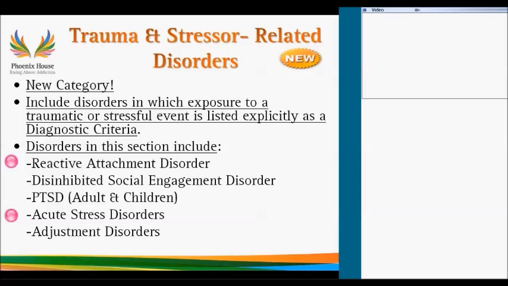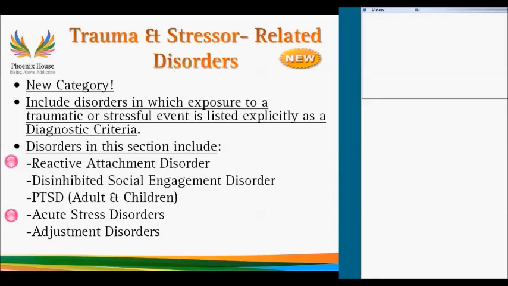Okay, this is something I have mentioned so far a few times. It's about trauma. And this is a new category. It's inclusive of the disorders where exposure to a traumatic event or stressful event is listed explicitly as the diagnostic criteria. And it would take several hours to go through a whole lesson in how to diagnose PTSD and acute stress disorder.